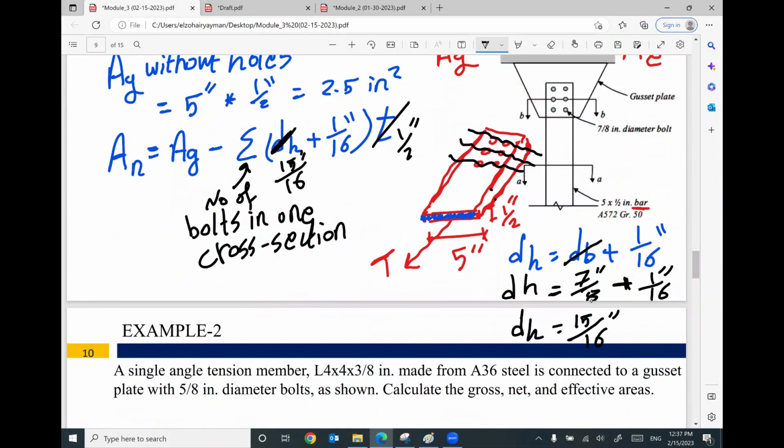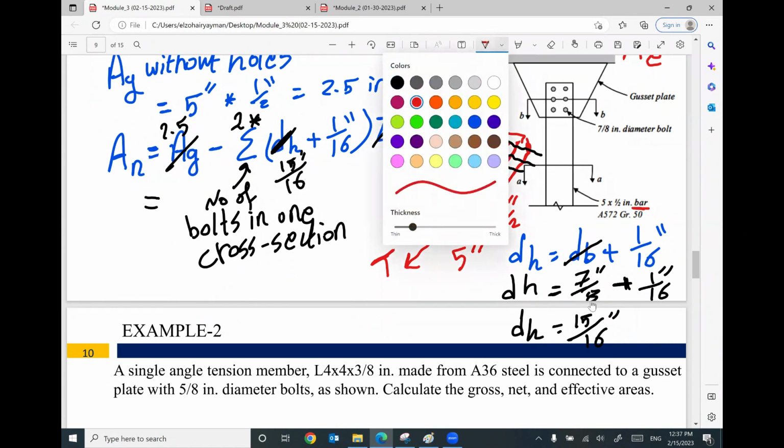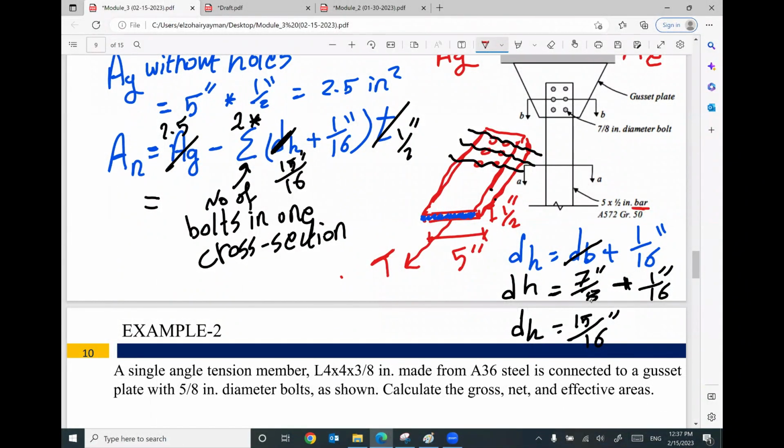So we have here 2 times, and your area gross from the previous step, 2.5. In this case, I can figure out the value of area net. Your value of area net will be 2.5 minus 2 times 1 inch, I think, times 1/2 inch.